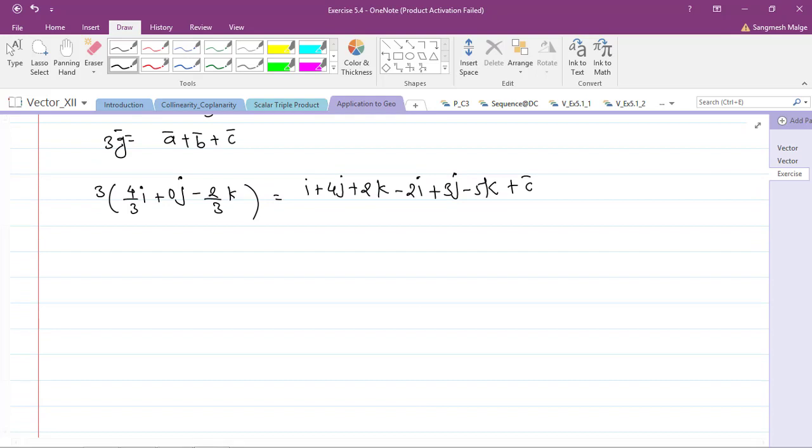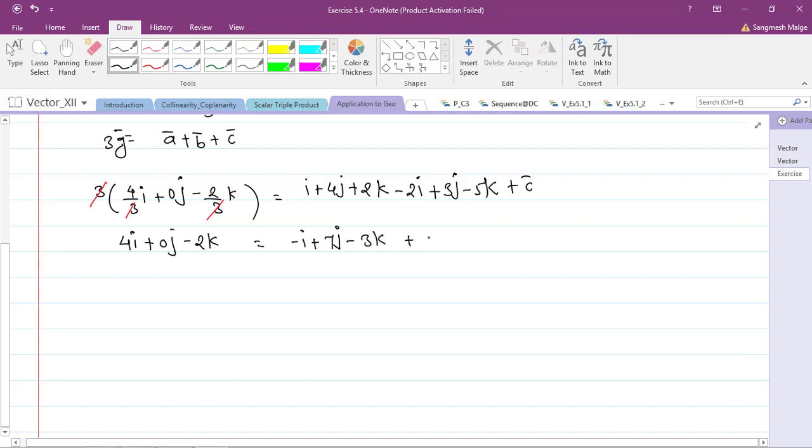On the left hand side, the 3s cancel out, so the remaining is 4I plus 0J minus 2K. It equals the sum on the right: 1 minus 2 is minus I, 4 plus 3 is 7J, and 2 minus 5 is minus 3K, plus C bar.